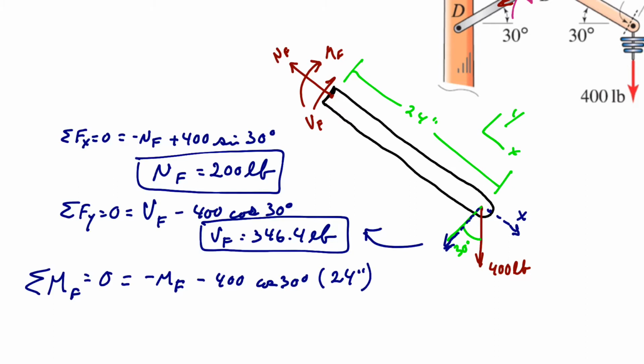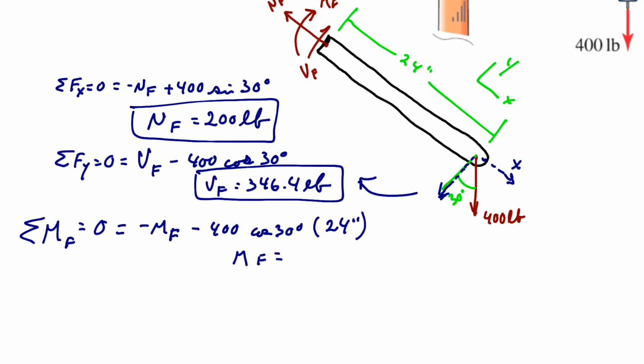Solving for this, we get M sub F equals minus 8,314 inch-pounds.